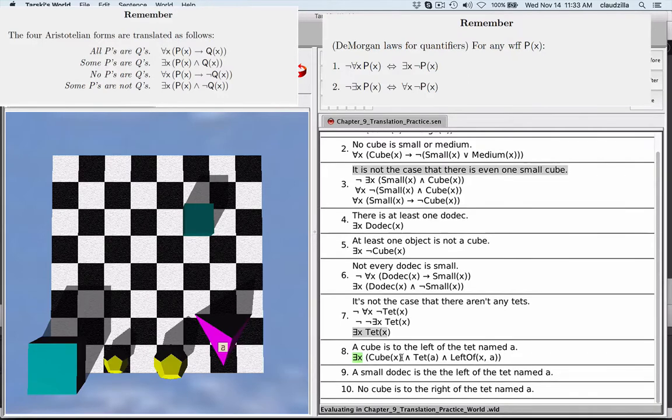Okay, so now let's see this in action again with the next sentence, a small dodeca to the left of the tet named A. So there is something, it is small, it is dodeca, it is left of A, and A is a tet.